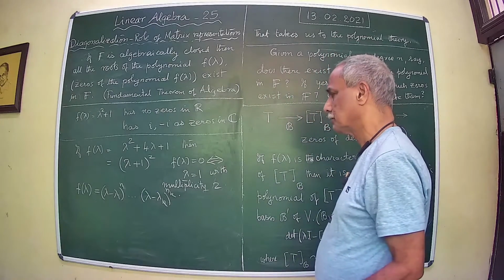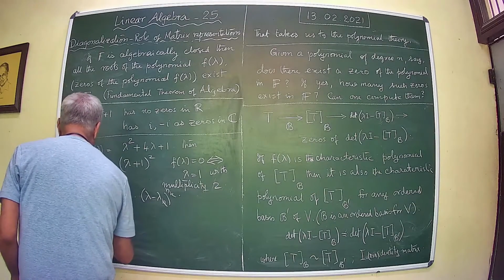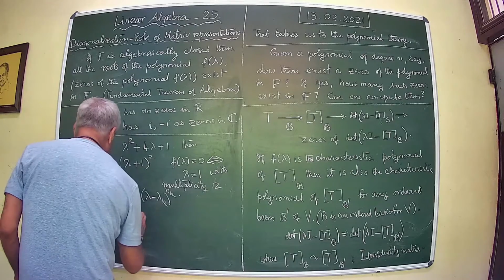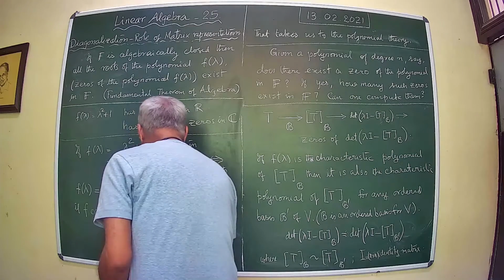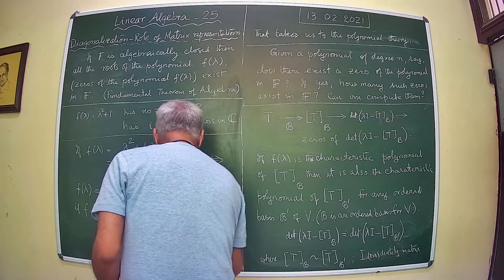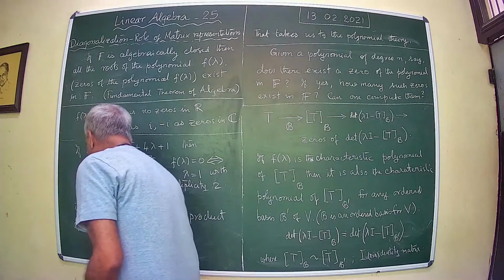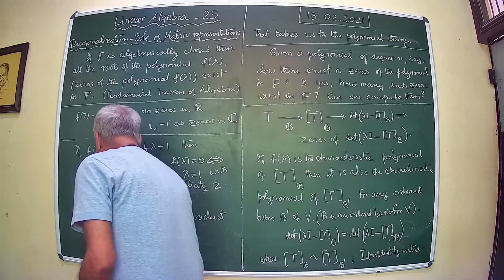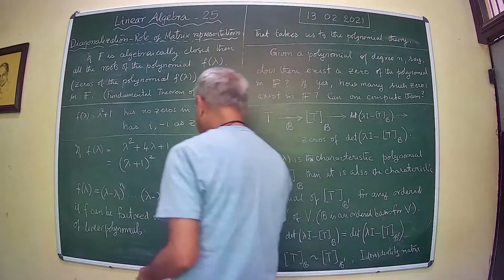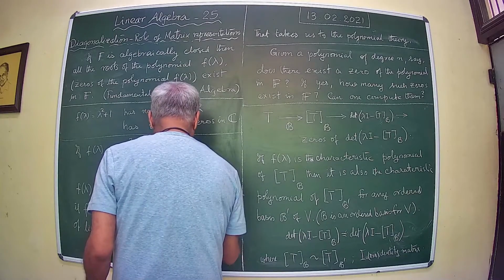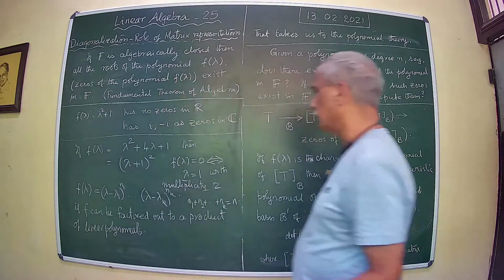If f can be written as a product of linear polynomials, then in that case you will get n, which is the degree of the polynomial.